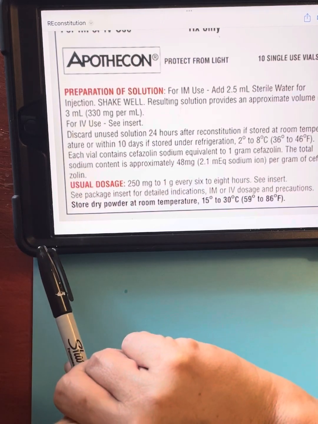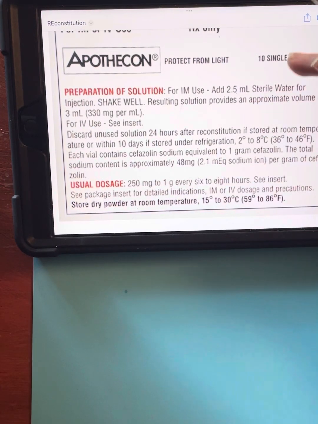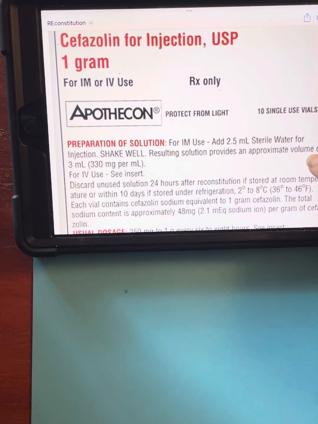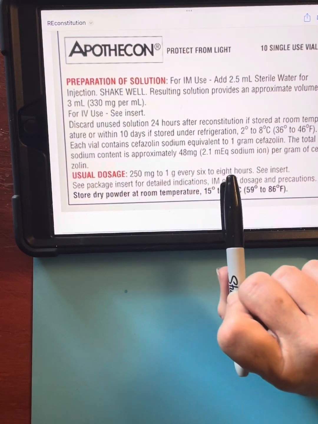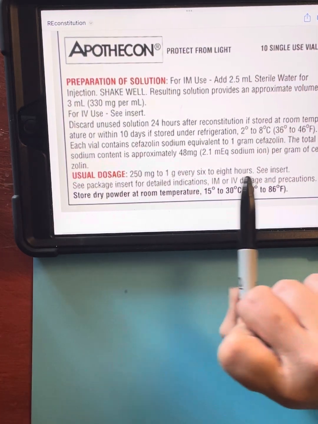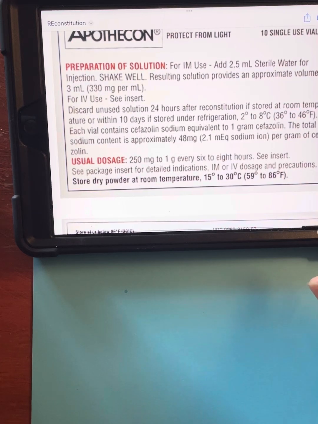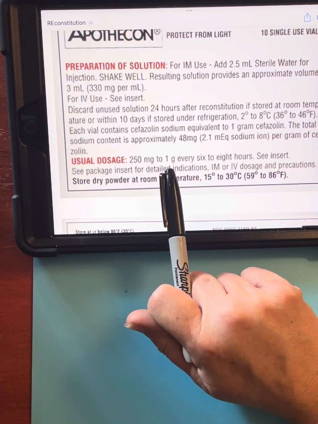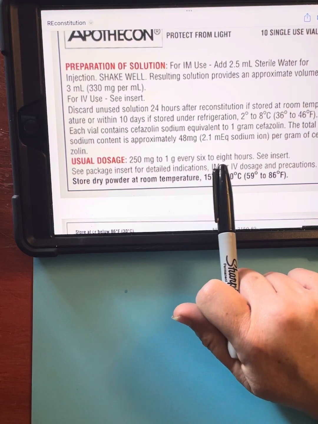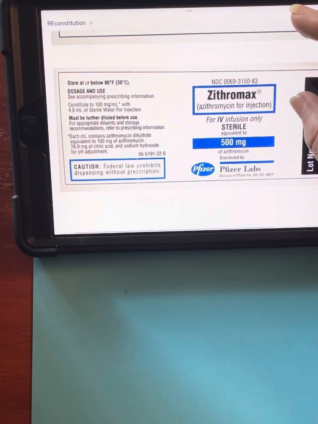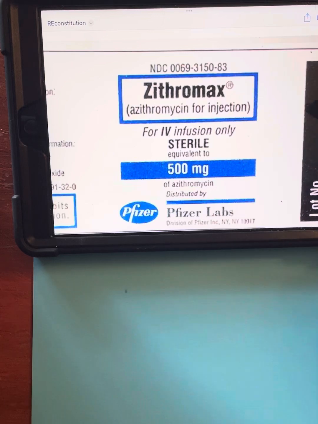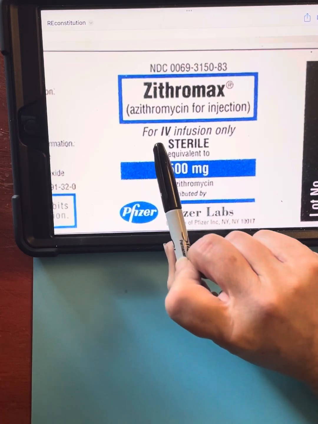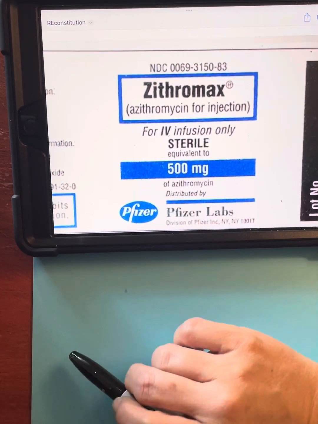All right. So the whole vial contains 1 gram. Okay? Here we go. Usual usage is 250 milligrams to 1 gram every 6 to 8 hours. Look at this one right here. This is Zithromax. You see, it's for IV use only.